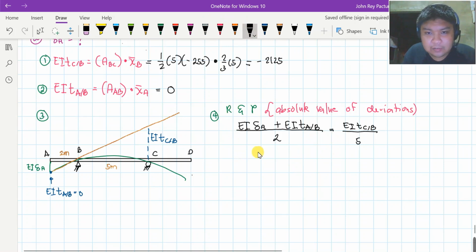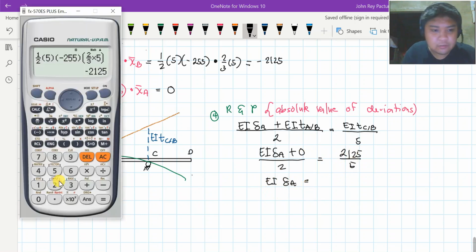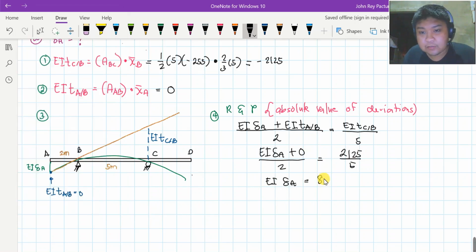Ilagay ko lang na EI, deviation of deflection at A. Of course, ito nga na deviation natin, 0 siya, all over 2 is equal to 2125 divided by 5. So, kayang-kaya natin mahanap, class, yung EI deflection at A, simply equal to 2125 over 5, cross multiplication lang naman to times 2, so 850.